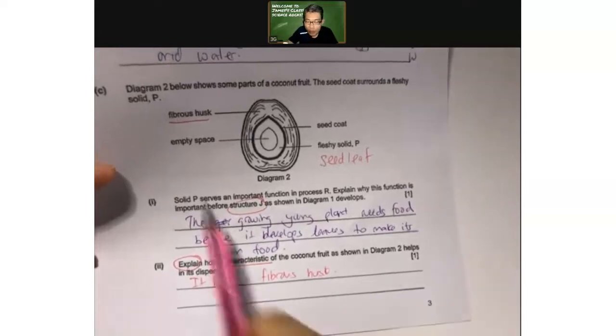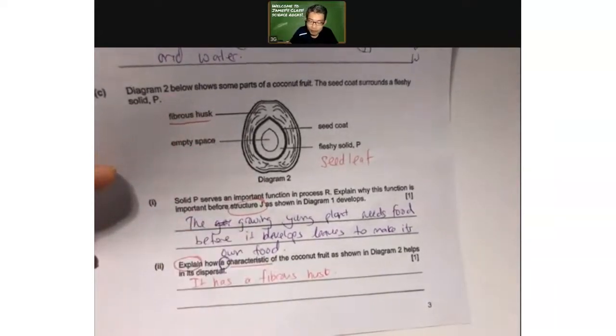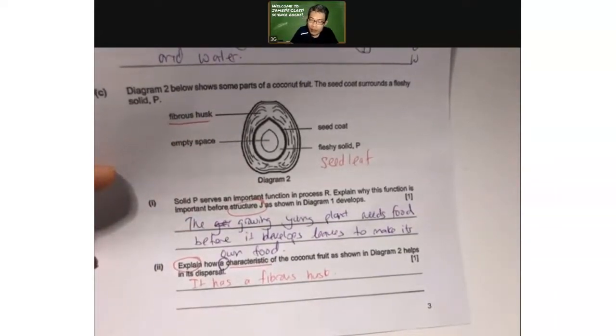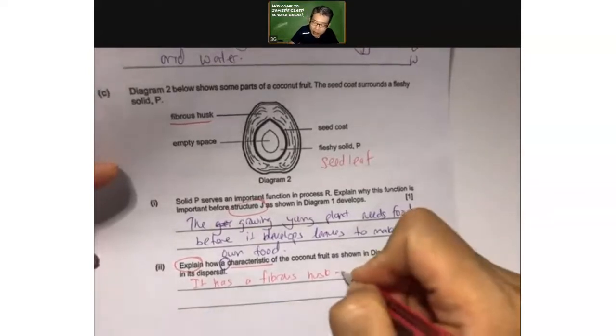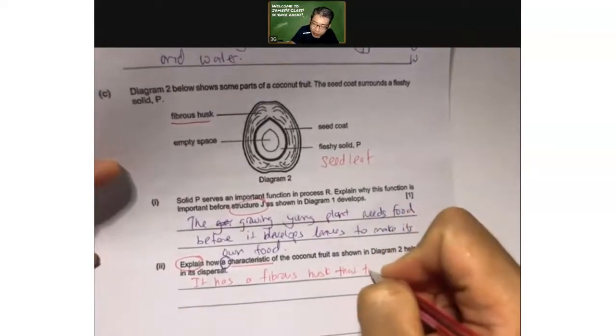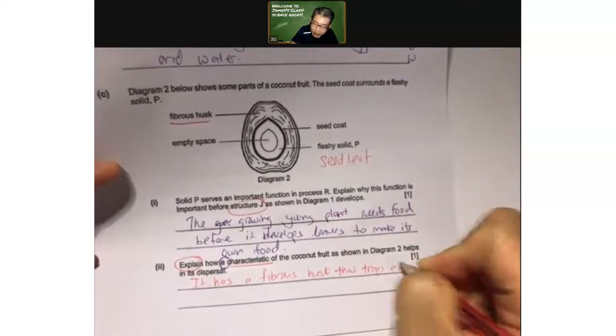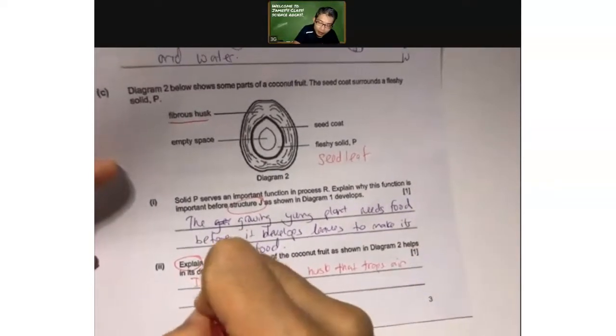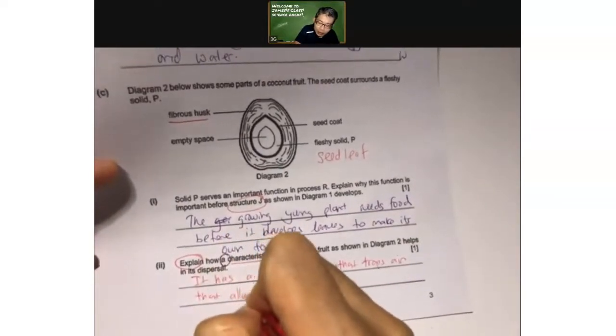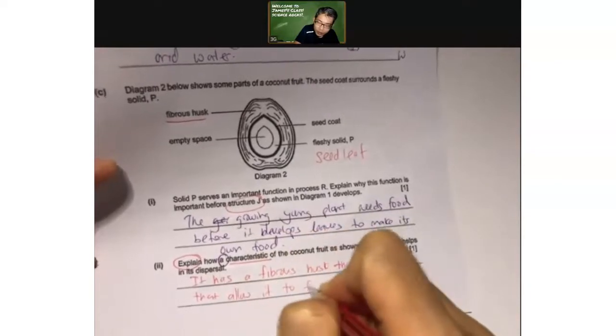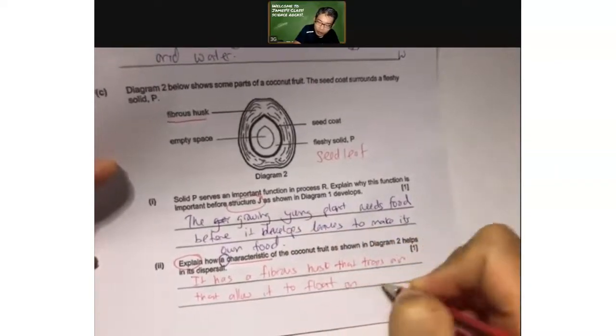You are simply copying down whatever you saw here. You've got to explain it. So it has a fibrous husk that traps air that allows it to float on water.